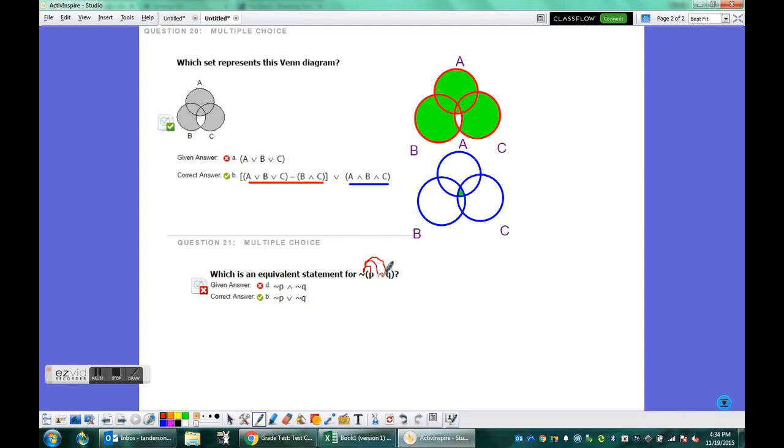Then I've got to do opposite of the sign they gave me. So I had an and sign, so I got to switch it to an or. And then finally opposite of Q, which you had as well. So when you've got this negation outside the parentheses, make sure you're also doing the opposite of the symbol in between. So instead of having an and statement, I'm going to have an or statement.